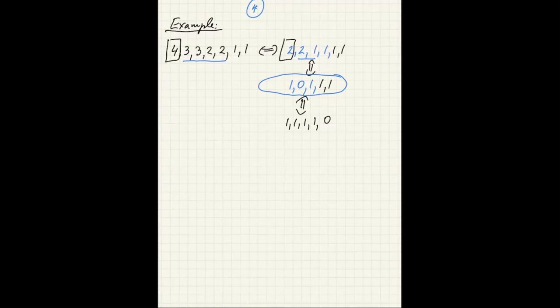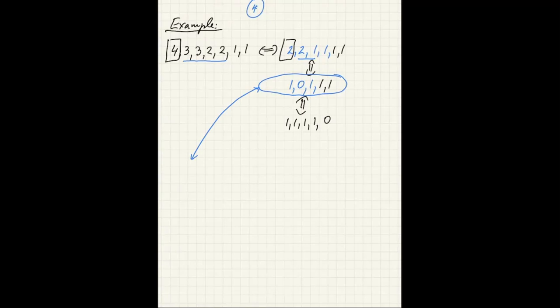You can ask, do I know a graph which has this degree sequence? And you can work your way backwards. Okay, so these are the two possibilities. Let's say I stop here and work my way backwards. Do we know a graph which has degree sequence 1, 0, 1, 1, 1?